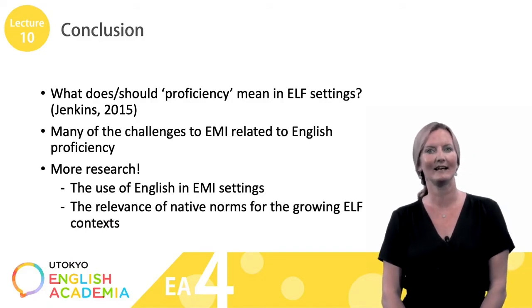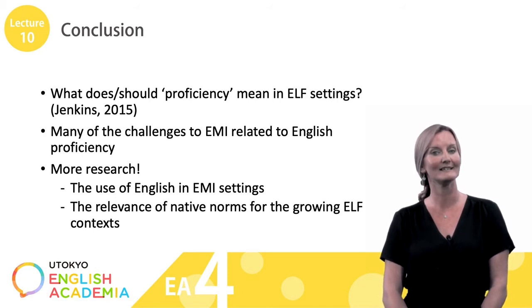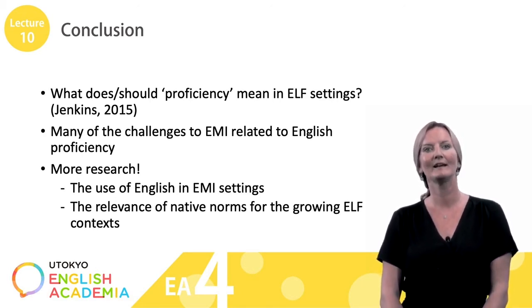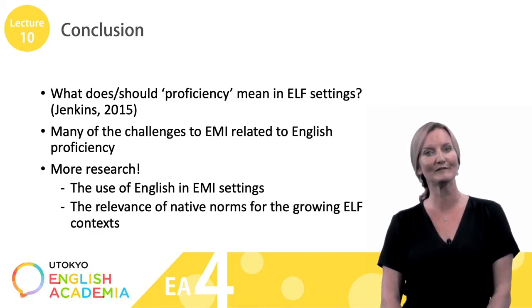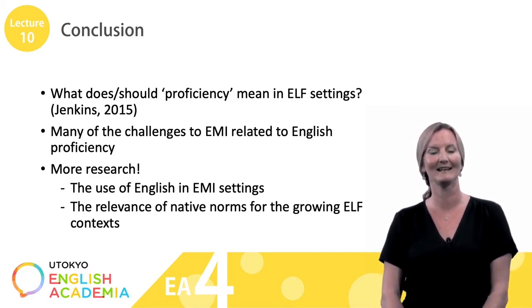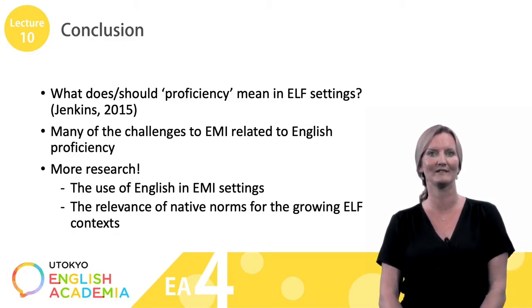In EA3, I highlighted that many of the challenges to EMI relate to English proficiency and how we measure competence. And it's hoped that more research will explore both the use of English in EMI settings and the relevance of native norms for these growing ELF concepts.